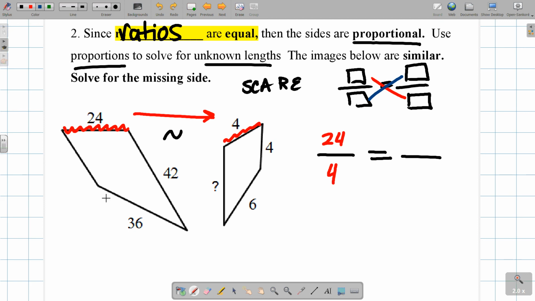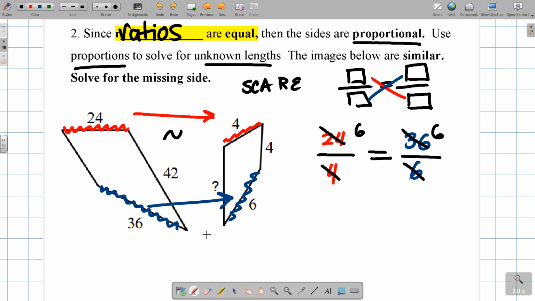Then I'm going to go diagonal to diagonal. Match and mirror. I match the sides, I mirror the direction. Okay, now, so that's a complete proportion. We know it's a true proportion because if you reduce, 4 goes in there 6 times and 6 goes in there 6 times.